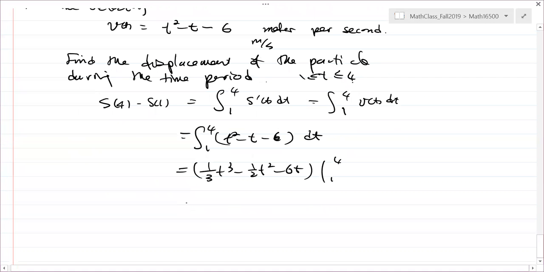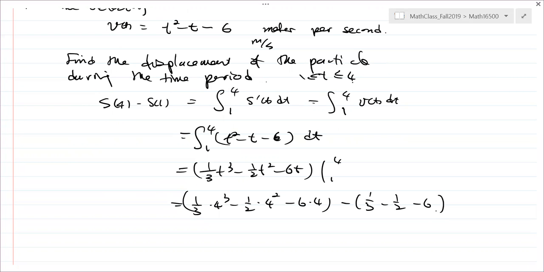All right, so it's going to be 1/3, be careful with the computation, minus 1/3, minus 1/2, minus 6. You have to simplify it and let's see what we can get.